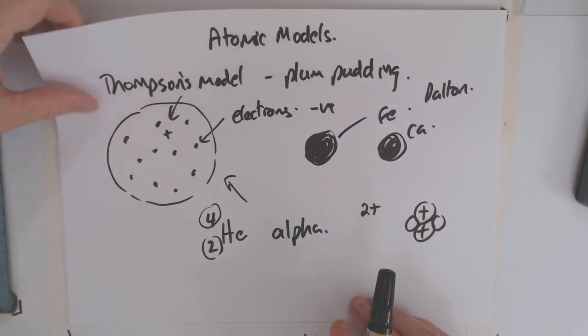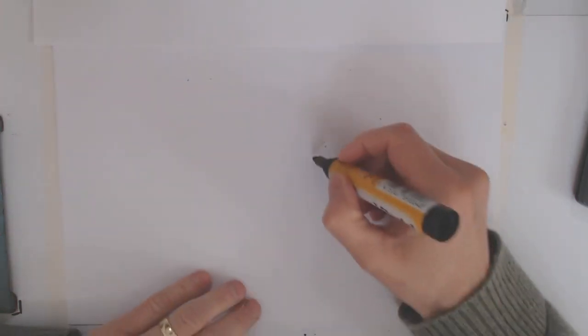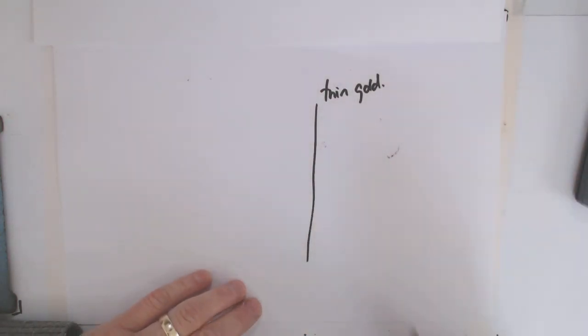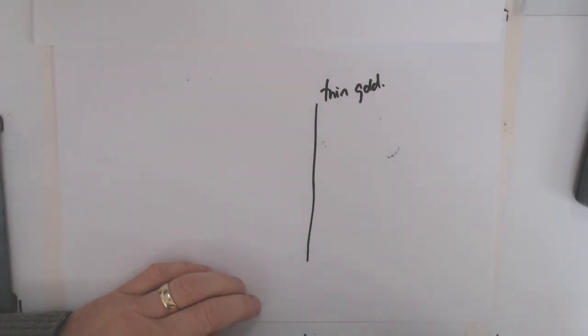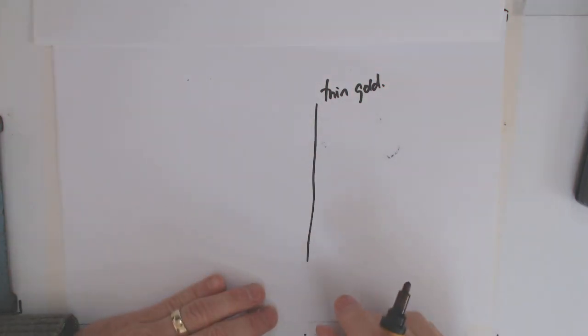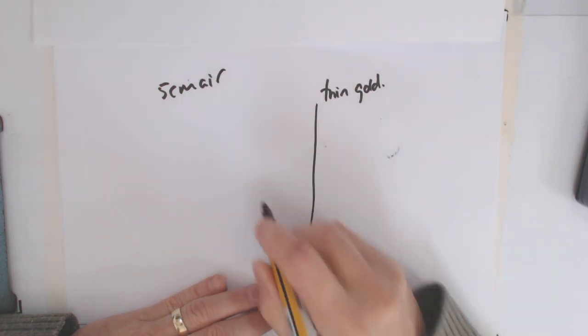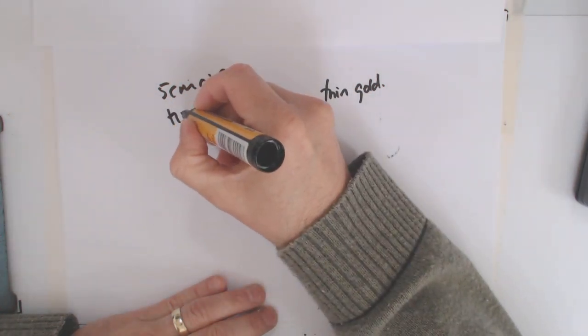The experiment they were going to do was to shoot this through very thin gold. Why gold? Because gold could be hammered out to very, very thin sheets. And alpha particles are stopped by about 5 centimeters of air, or a thin sheet of paper.